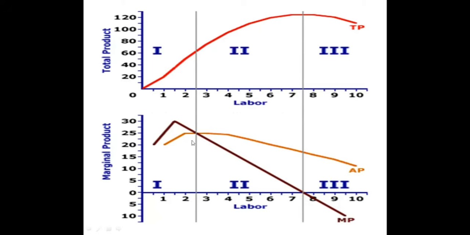Another thing is, after stage 1, both marginal product and average product are declining, but average product will always be greater than marginal product in stage 2 and 3. After stage 2, marginal product will be negative, but average product will decline, never becoming negative or zero. It is always positive. This is important to know.